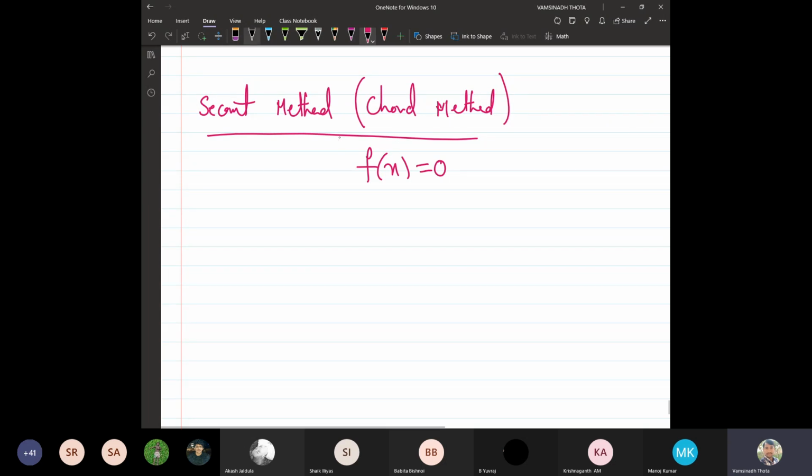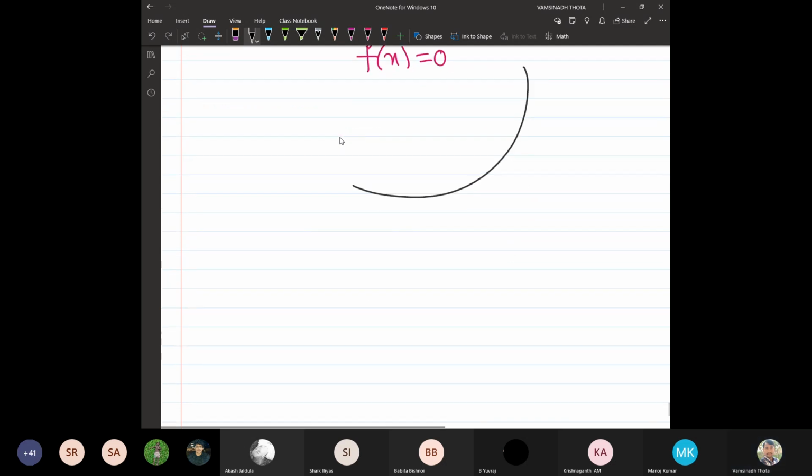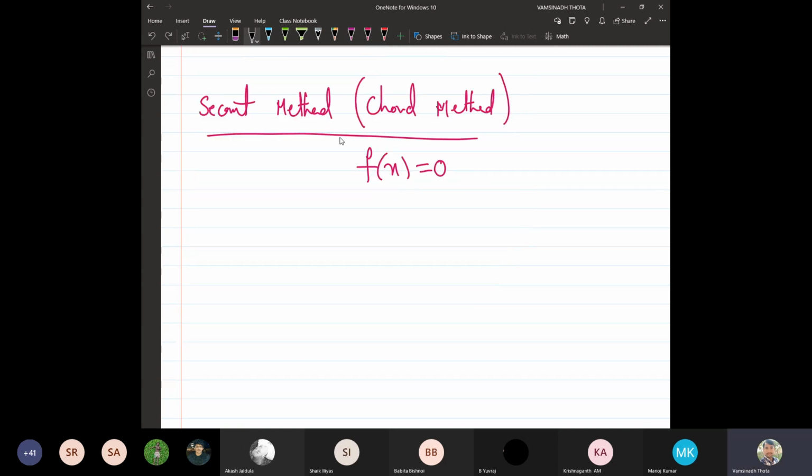So how does it work? What is this method? This method basically says, assume that this is the function, the graph of the function. Let me draw another graph.